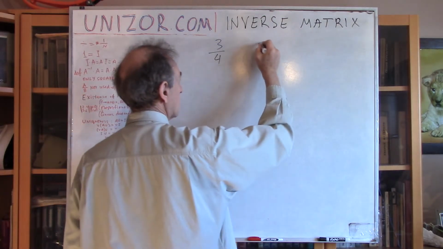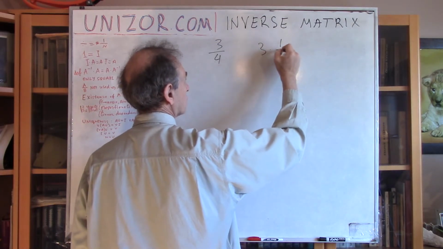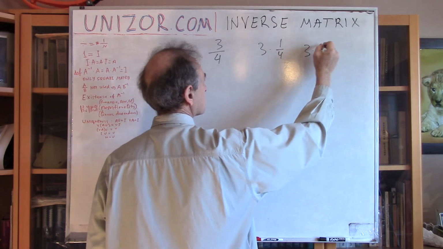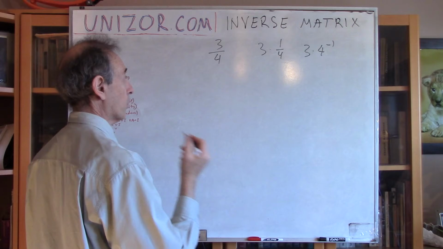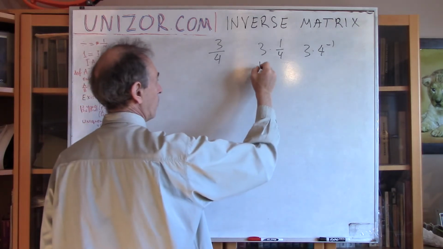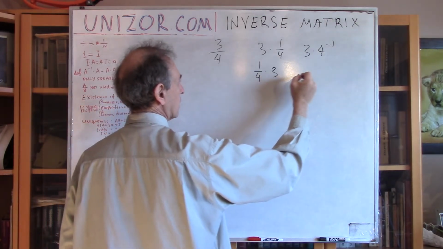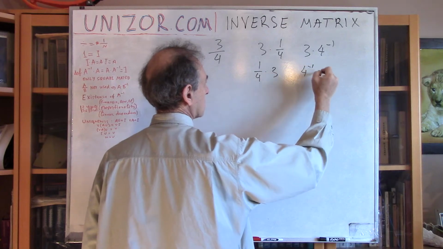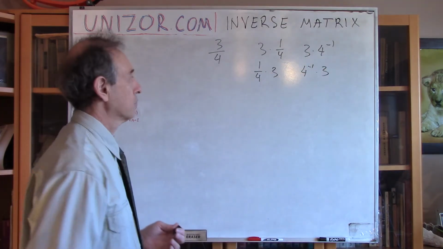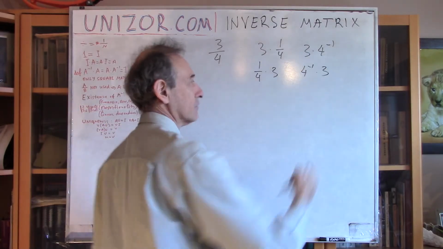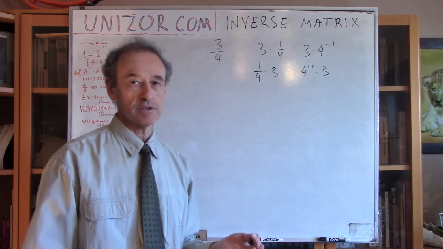It's basically 3 times 1/4, or 3 times 4 to the minus 1. What's interesting is that 1/4 times 3 and 4 to the minus 1 times 3 is exactly the same number, because the multiplication of numbers is commutative.